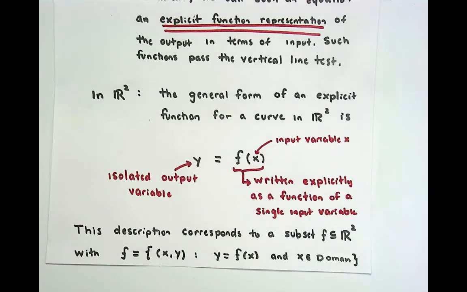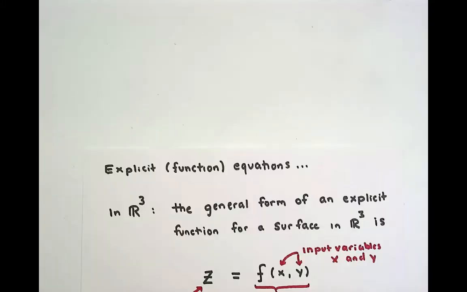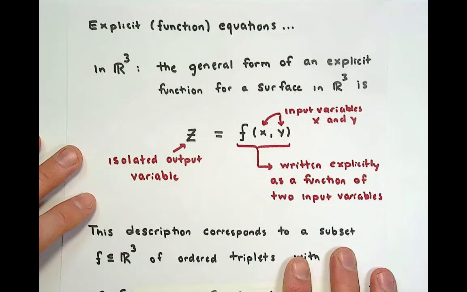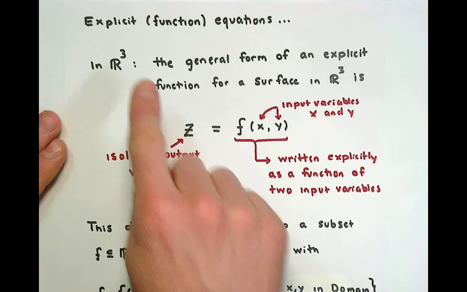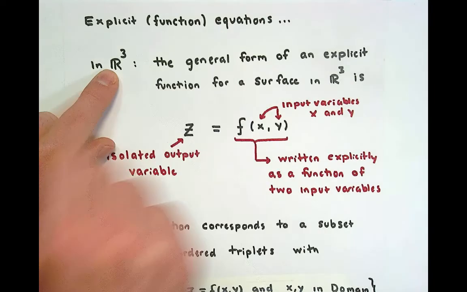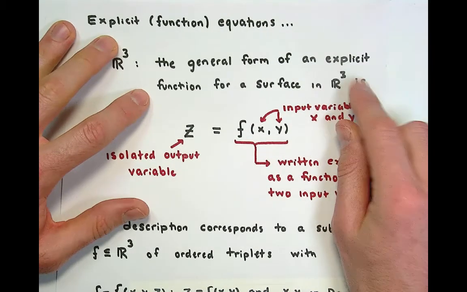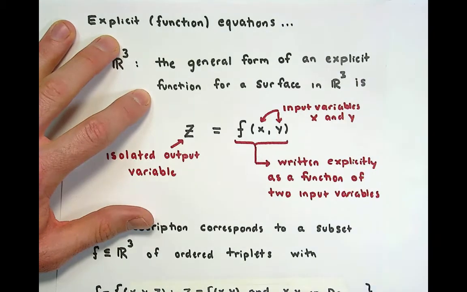Since Math 1C is a generalization of Math 1A and B, we're going to see that explicit function representations also exist in R3. The general form of an explicit function for a surface in R3, not a curve. Curves are in R2 or parameterized in R3.